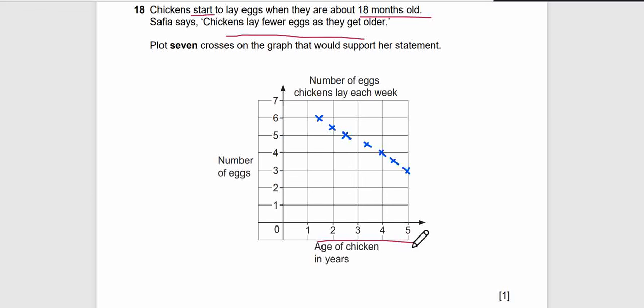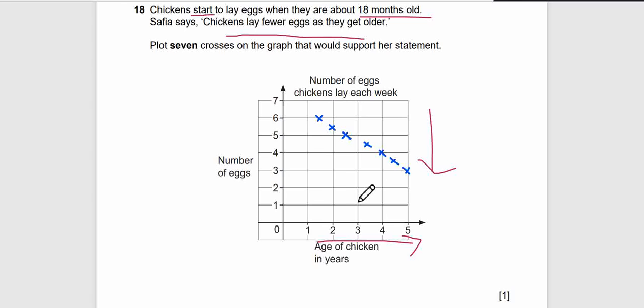So from here the chicken becomes older, so we make it a declining cross position here, 1 2 3 4 5 6 7, to show that as the chicken gets older the number of eggs the chicken lays is fewer.